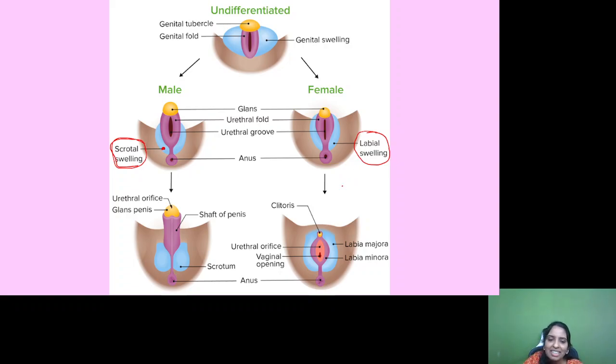Second thing, in case of labia minora, it resembles the ventral aspect of penis. It develops from genital folds. We'll see regarding the clitoris now.